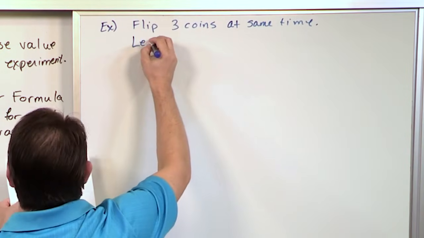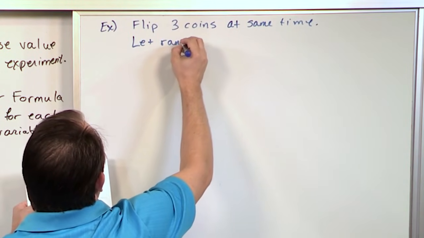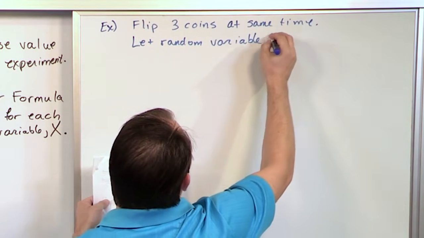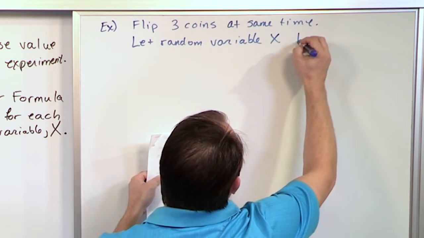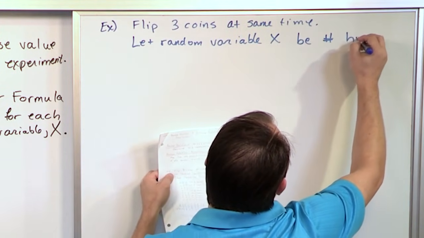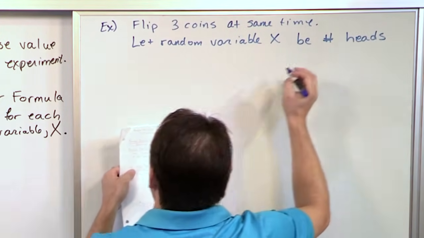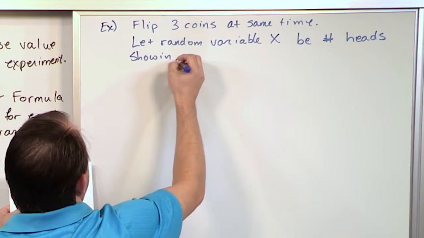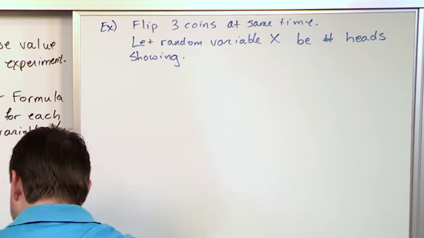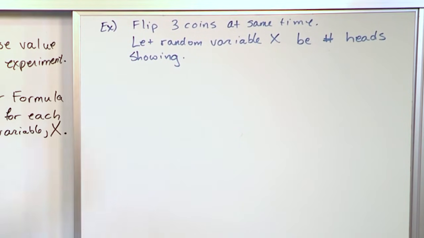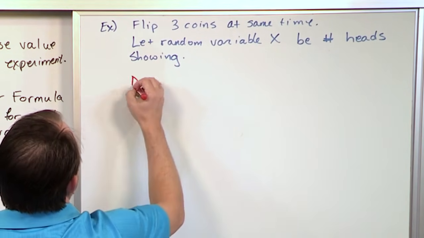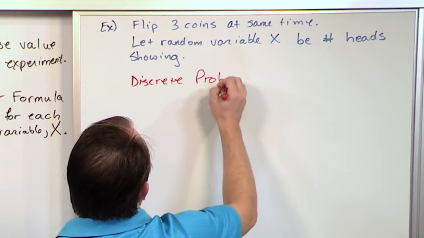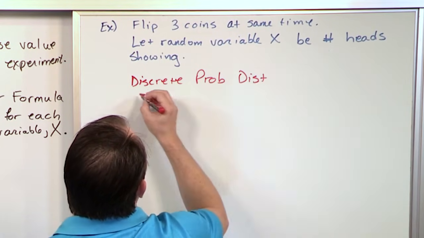Then we will let random variable x be the number of heads showing. Okay, so that's our experiment. Then we're going to say, here is the discrete probability distribution of this experiment.